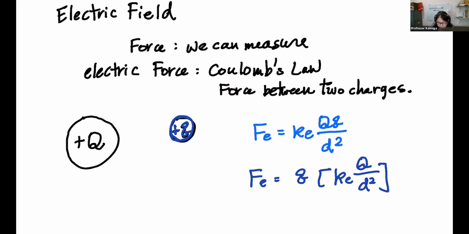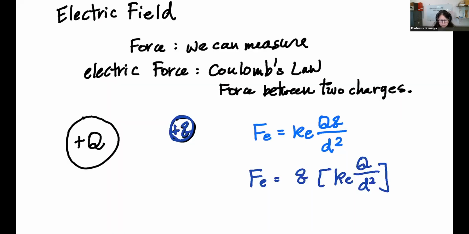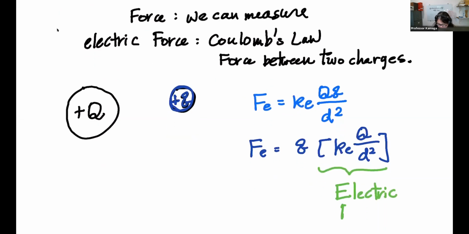So this electric field is being created by this big Q. So I say the little q is in the electric field created by this big Q.